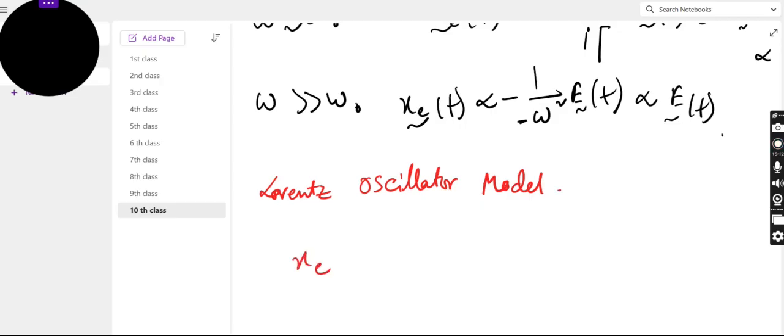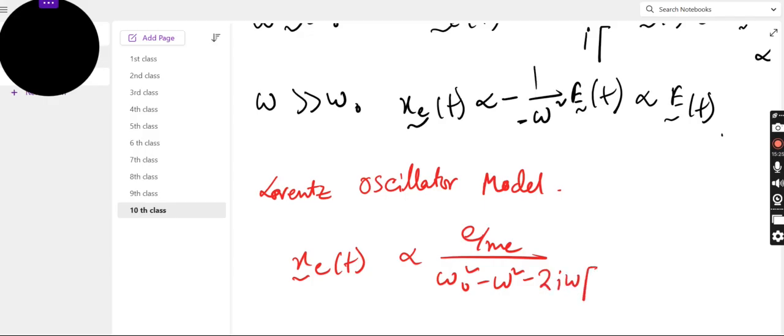This thing we have derived, eE/m over (omega naught squared minus omega squared minus 2iπ omega tau) times E(t).